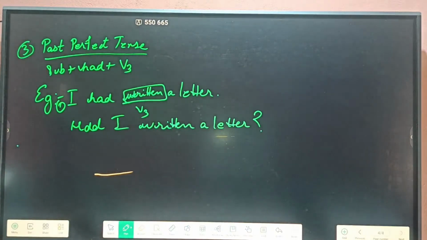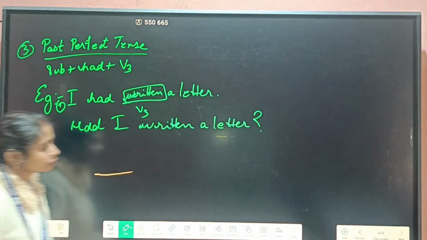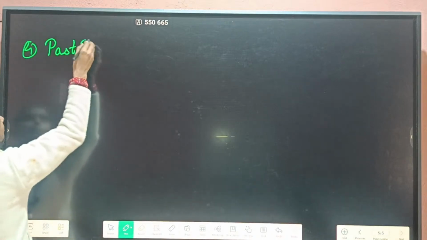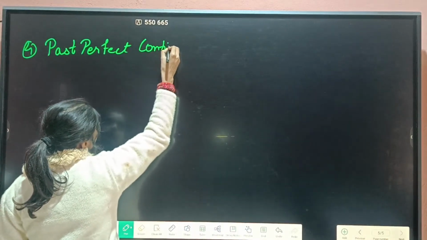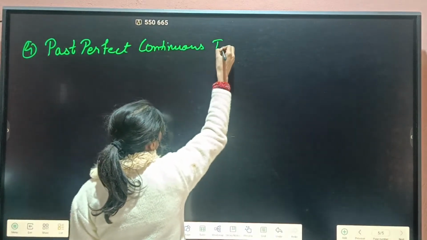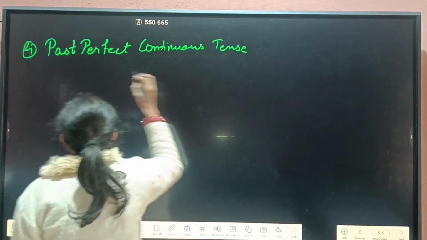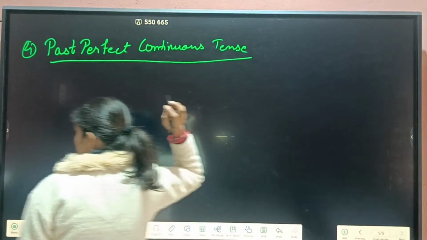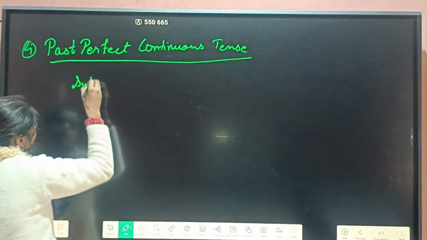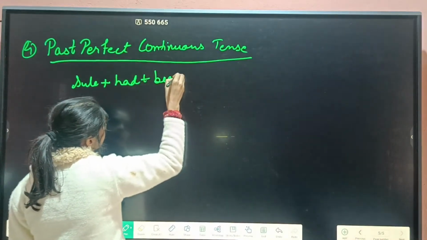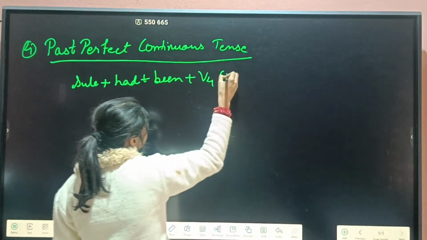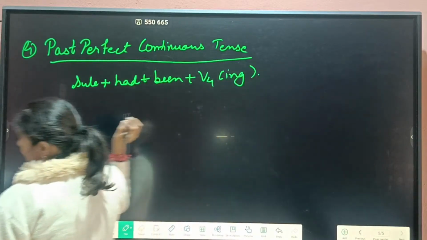Next we have our past perfect continuous tense. The structure we have already seen: subject plus had plus been plus verb fourth form, that is ing.